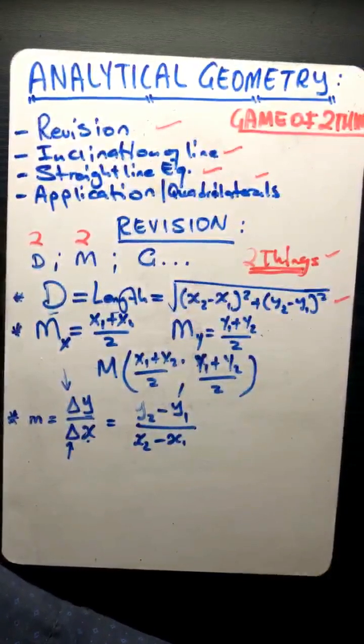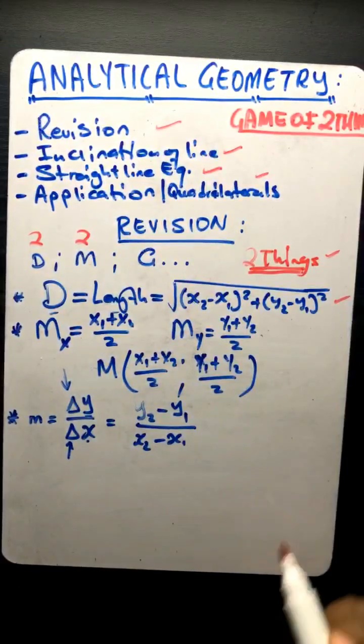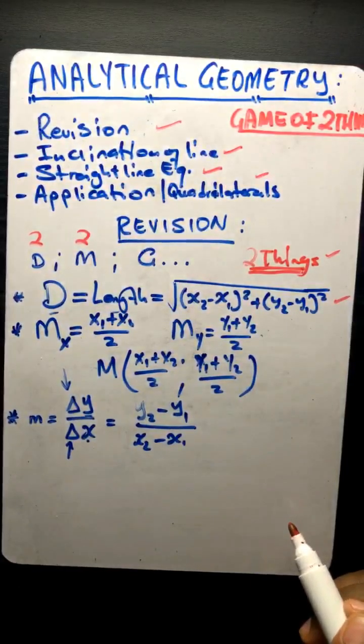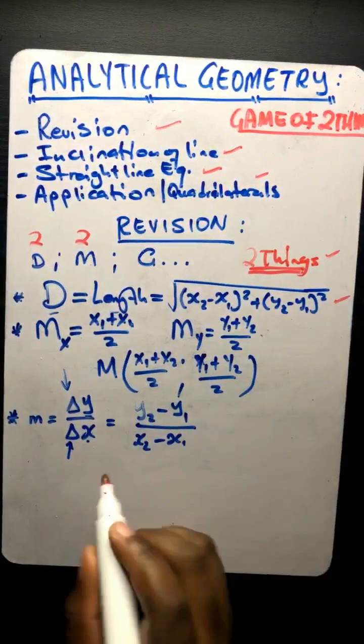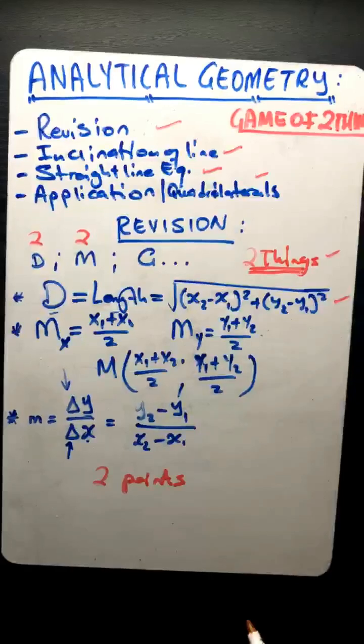I'm not sure if you realize that in this case, the moment you use the gradient formula, you will still need 2 things. What are those 2 things? It's either you've got 2 points, which won't be easily given to you by an examiner. They will somehow try to be tricky and ask you a question where they want you to use this formula.